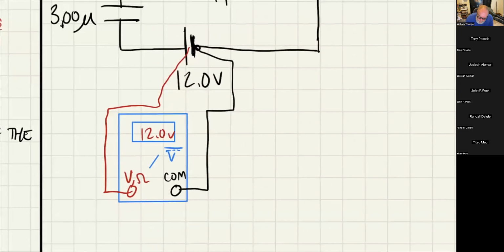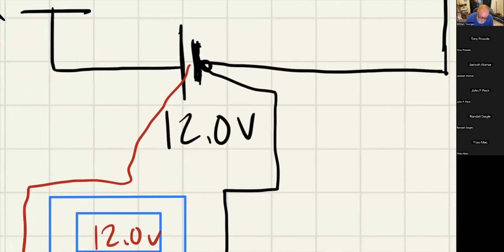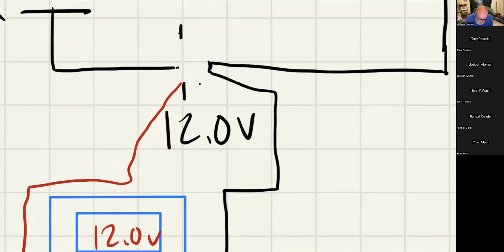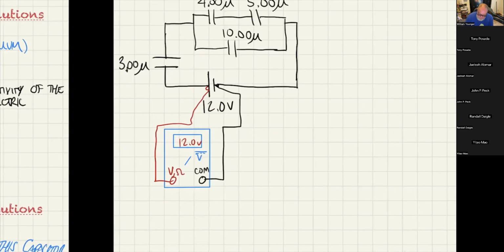And I didn't do so good with that part, so I can just draw it all over again. And this is going to be connected to that. That's going to be connected to this. And this little red thing is going to be connected right there. And this is there. Okay. So now that's what I've got.